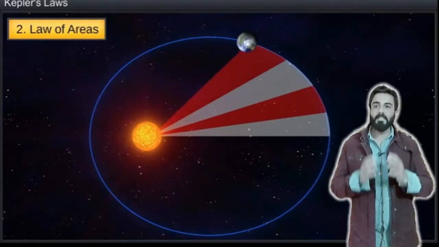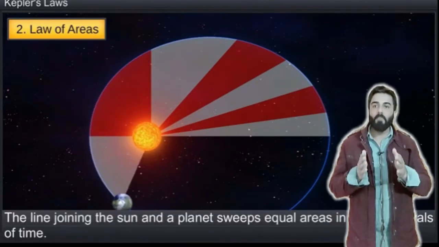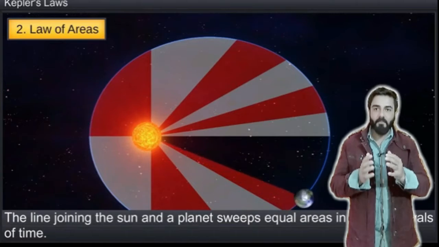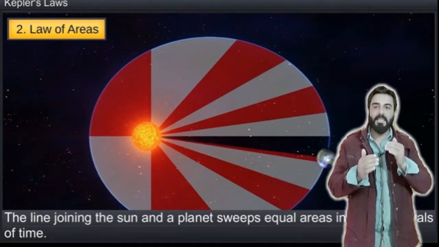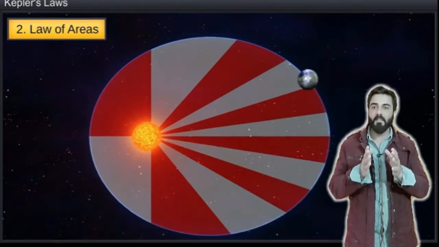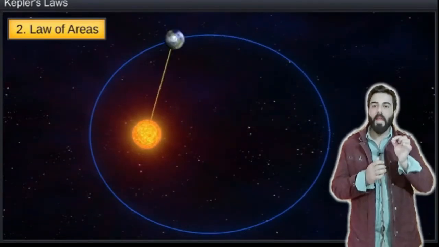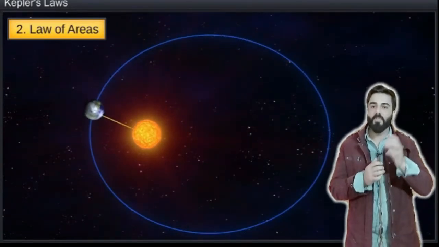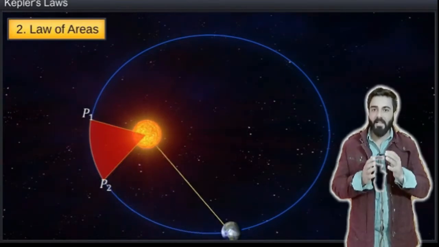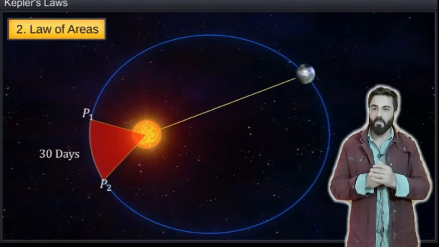This second law states that the line joining a planet to the sun sweeps equal areas in equal intervals of time. That means the areal velocity of the planet around the sun is constant. For better understanding, consider a planet revolving around the sun. Let P1 and P2 represent its positions at the start and end of a 30 days duration.